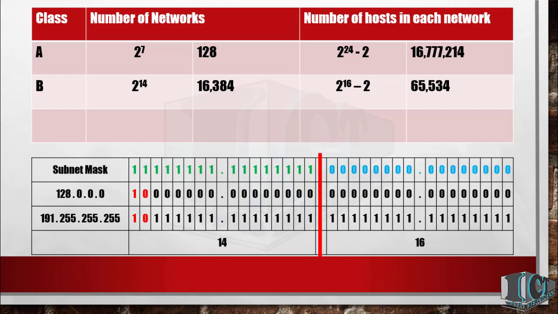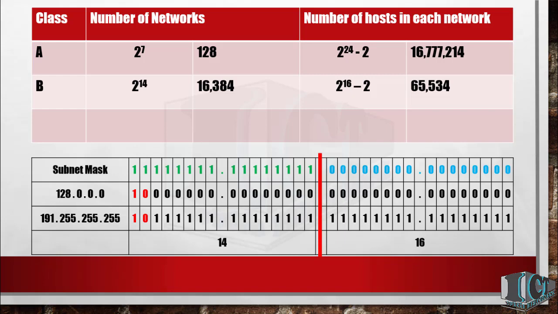I am left with 14 bits for network and 16 bits for the host. And in this, you can clearly see that 2 to the power 14 will give you 16,384 networks. And in each of these networks, I can create 65,534 hosts or end users.